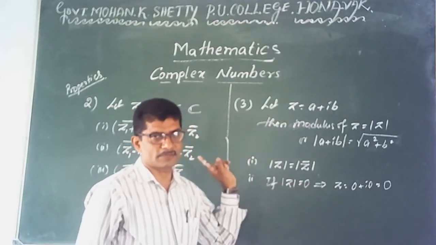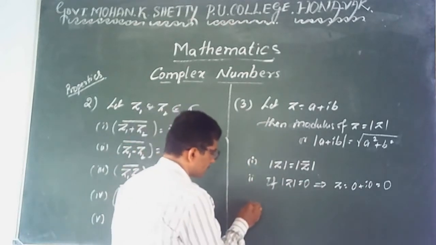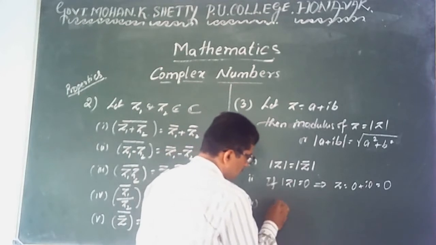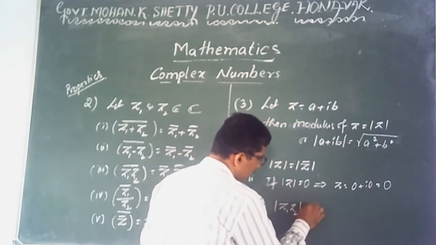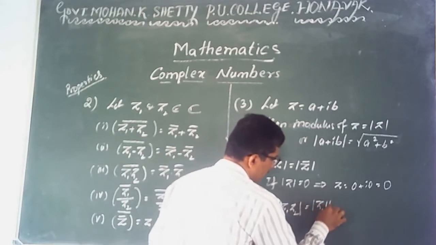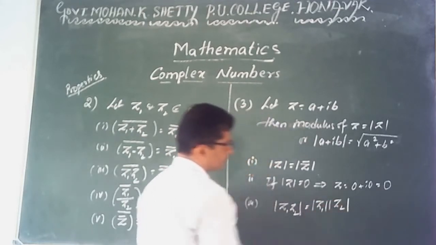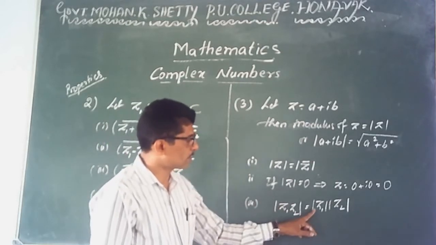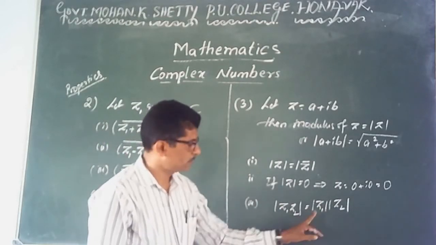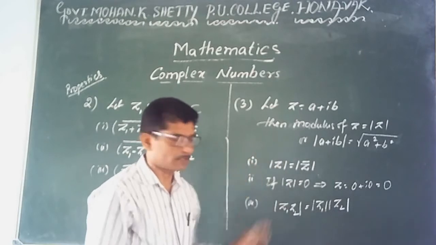The third property: modulus of z1 into z2 is always equal to mod of z1 into mod of z2.